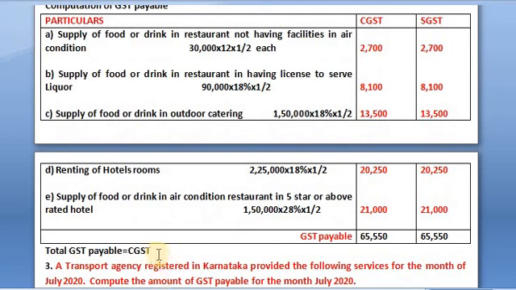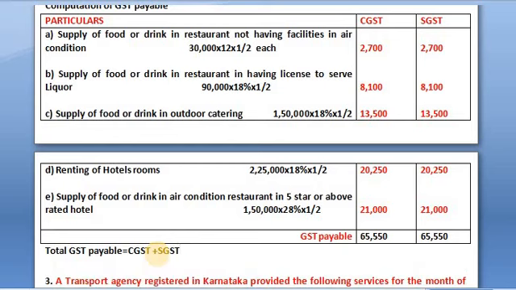So here it is CGST plus SGST, right? So in that, how much is the CGST here? We have 65,550 plus 65,550.